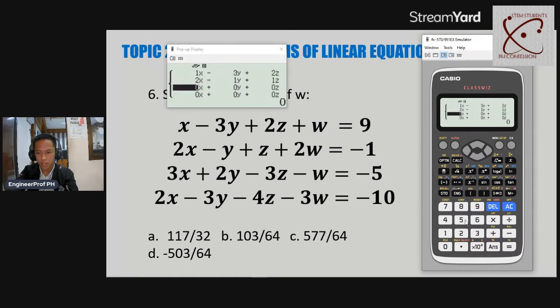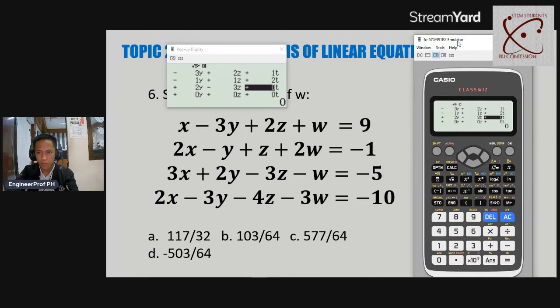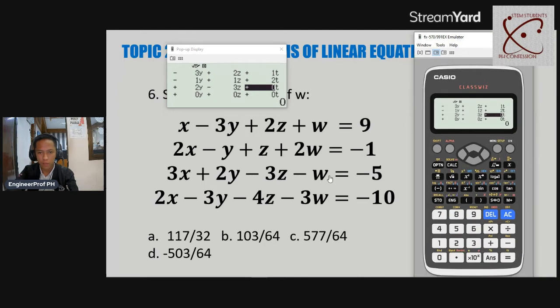So for the x variable, that is 3. And for y, that is 2. Input lang natin. Equals lang. Then we have here for z, negative 3. For w, that is negative 1. Okay, negative 1. Then for constant, that is negative 5.